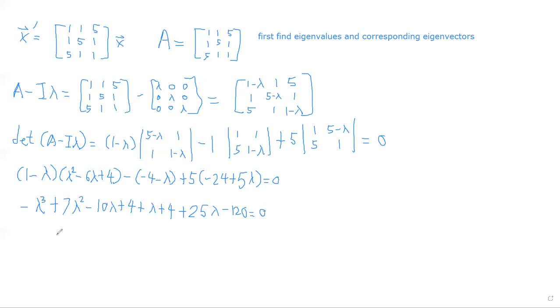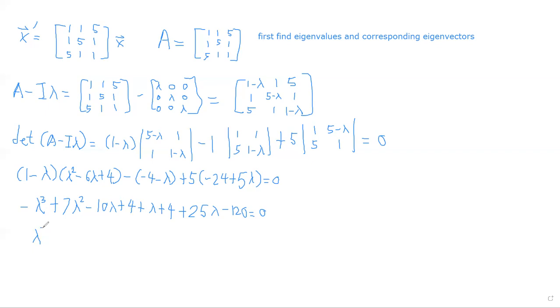Simplifying this further gives you, okay, so you can simplify this. I tend to like to have the degree of the polynomial have a positive coefficient. So I'm going to simplify this and then multiply both sides by negative 1. And I get lambda cubed.